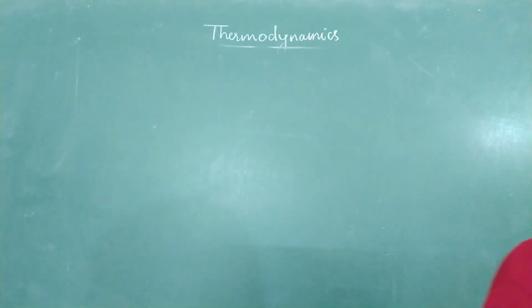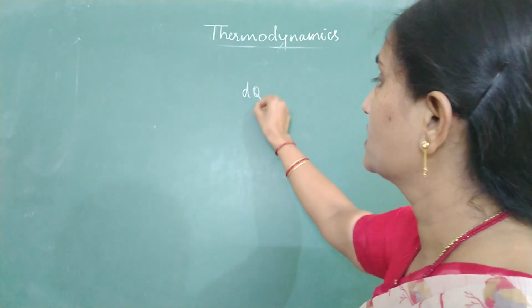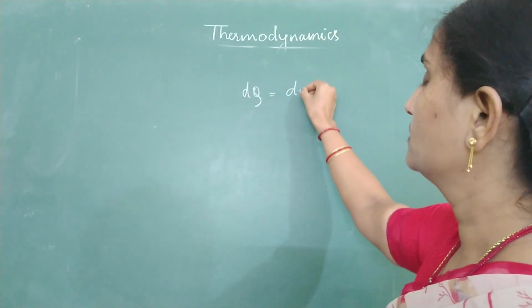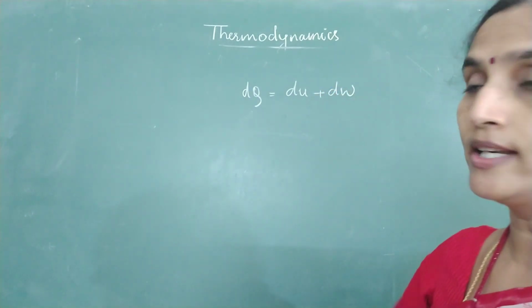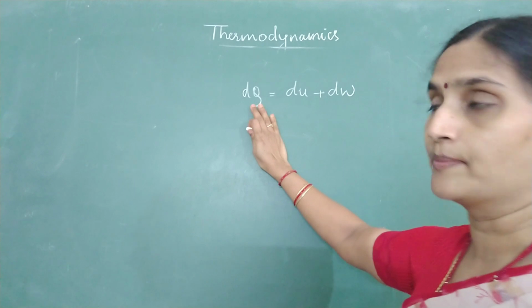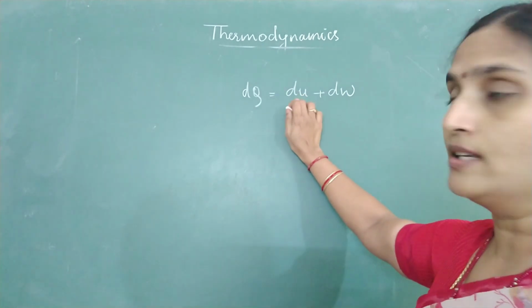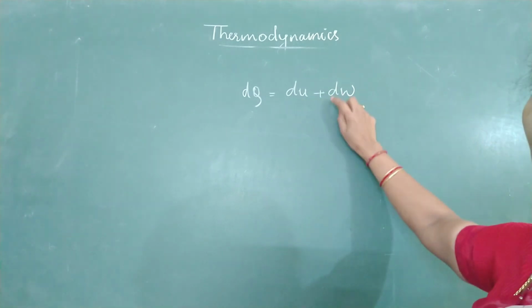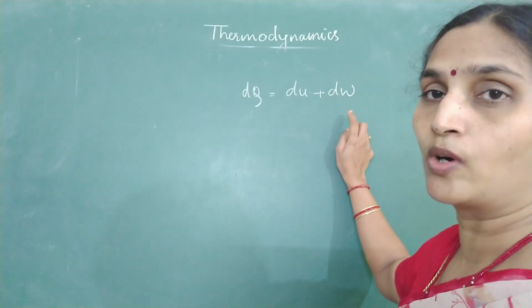So what is the first law of thermodynamics? We know the first law of thermodynamics, how do we represent it? dQ is equal to dU plus dW. That means the total energy you have supplied to the system is utilized in increasing the internal energy and doing some external work. And what is the sign convention we follow?